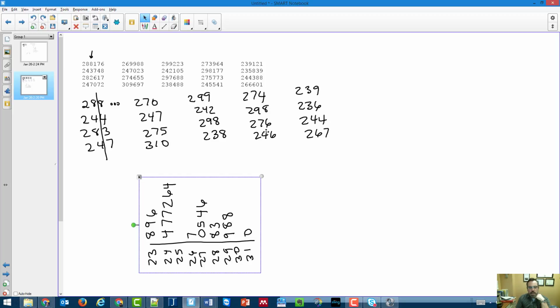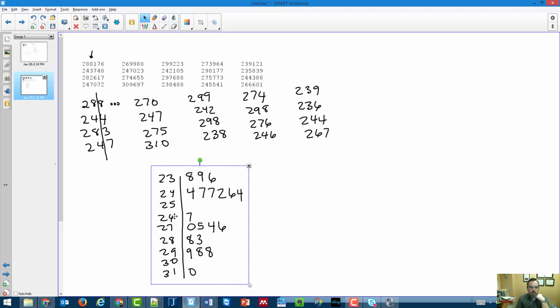That's what these numbers mean, and that's where people really kind of struggle, is just remembering that this 23 is not 238, 239. This is 230,000. This is 240,000, 250,000 as you kind of go down the line. So that's one way you could do it.